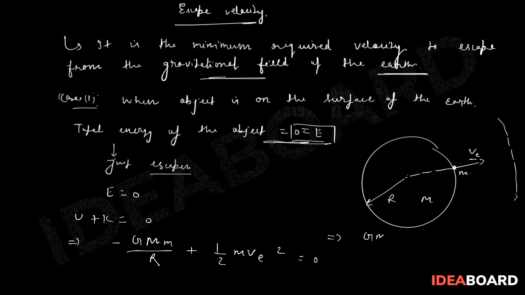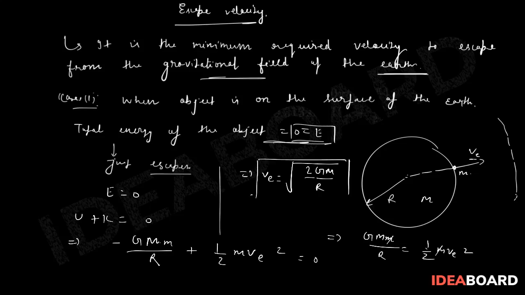Now let us solve it. So this is G M m upon R is equal to half m V_E square. m and m cancel out. So we achieve from here V_E is equal to under root of 2GM upon R. Correct? This is going to be the V_E. So this is case number 1.